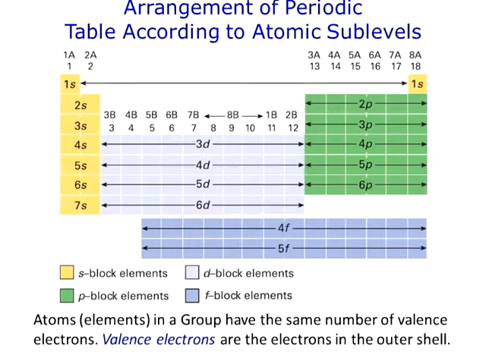When we look then at the periodic table, it is arranged according to atomic numbers. Each element on the periodic table has a unique atomic number. That unique atomic number is equal to the number of protons in that atom, in that element. Because the elements on the periodic table are neutral, the number of protons also equals the number of electrons.